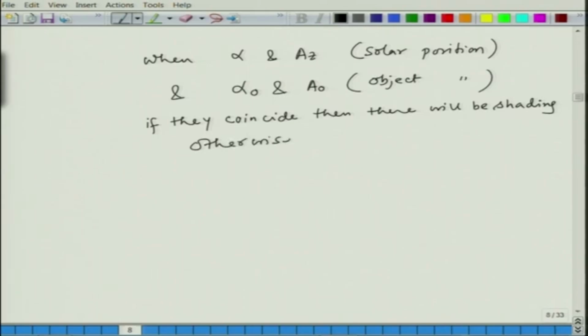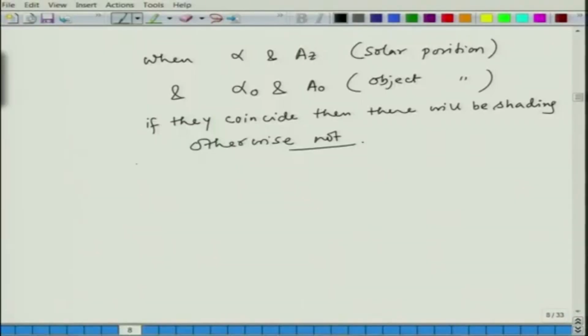Okay? So, this is an important thing to remember, that what we find out is the relative position of the sun as well as the object, in terms of the altitude angle and the azimuth angle, and they will tell you whether the object and the sun are coming in the same line, then there will be shading, otherwise not.